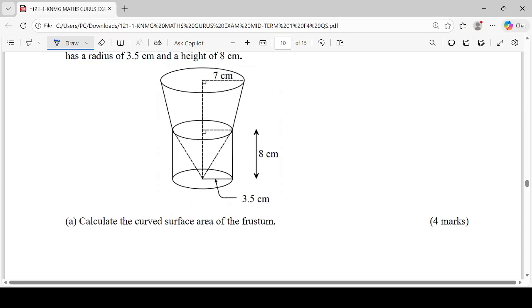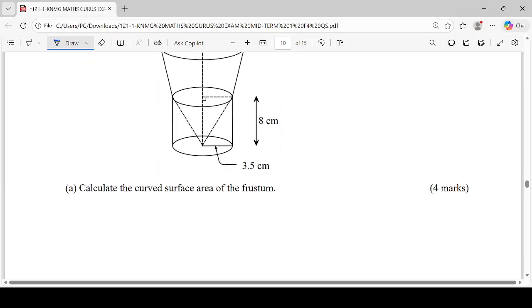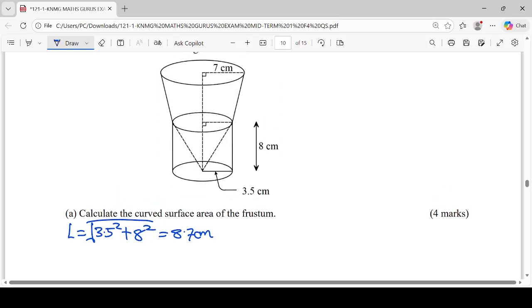So I want to get the slant height L, the small L. That slant height is going to be the square root of 3.5 squared plus 8 squared, which is going to give you 8.7 centimeters. That is the slant height of the smaller part of the cone that is immersed in the cylinder.